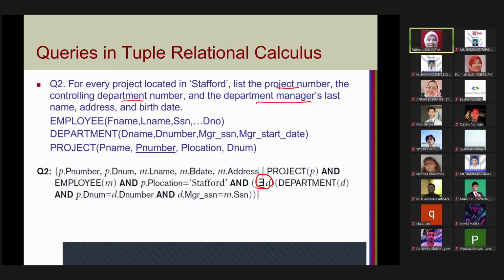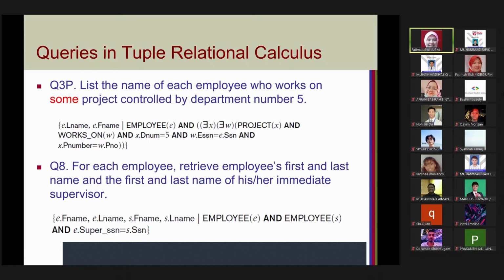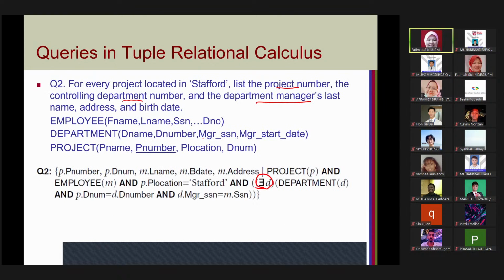Let us look at another example. Here we are going to use double existential quantifiers. List the name of each employee who works on some project controlled by department number 5. So here we refer to employee, project, and works on. For project we have P name, P number, P location, and D number.